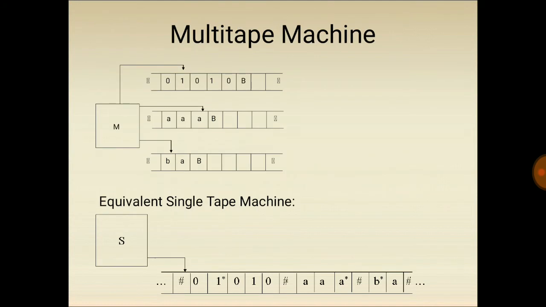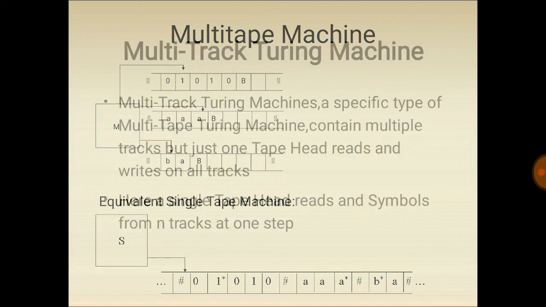By this diagram, we can easily understand the multi-tape Turing machine. It consists of a finite control which is connected to multiple tapes with the help of multiple heads, while the single tape Turing machine consists of a single head connected to a single tape.